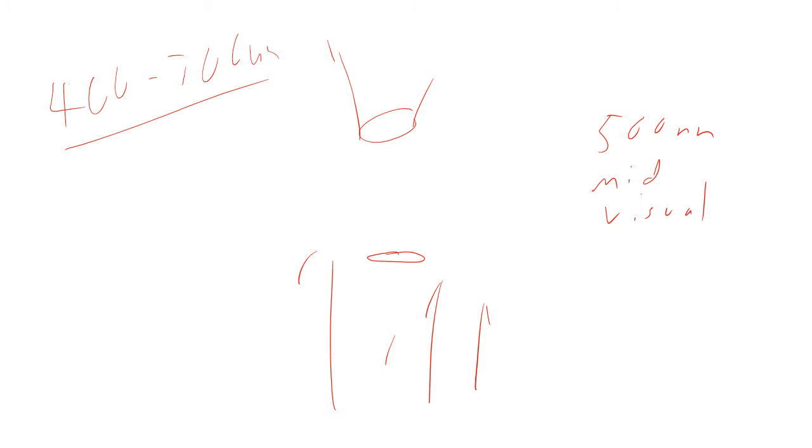The problem is, if that object is less than the wavelength of light, well, remember, visible light is 400 to 700 nanometers. So near the middle of the spectrum is something like 500 nanometers. So that means the smallest thing you could see would be about 500 nanometers.